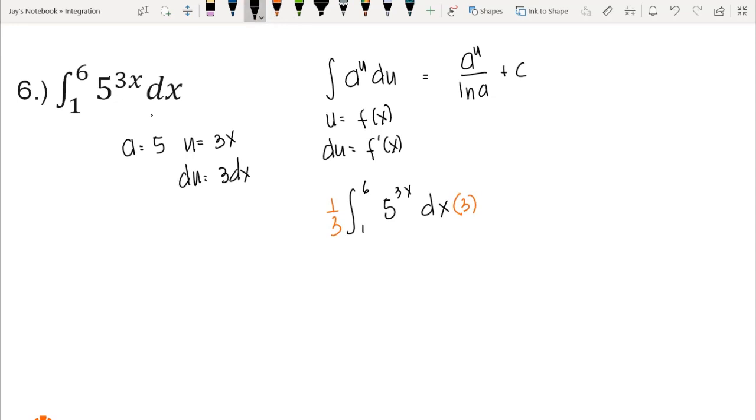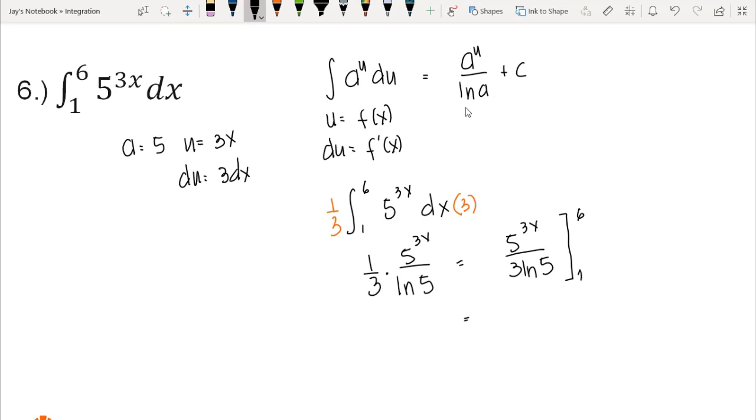So in this case, we have 1/3, that is the a raised to u, that is our a, 5 raised to 3x, over the natural logarithm of a, our a is 5. So our answer here is 5 raised to 3x over 3 times the natural logarithm of 5. Okay? Now we have limit from 1 to 6.